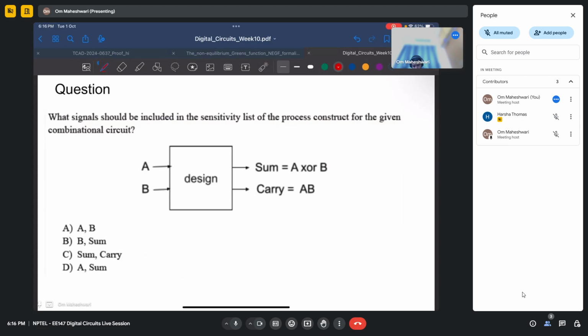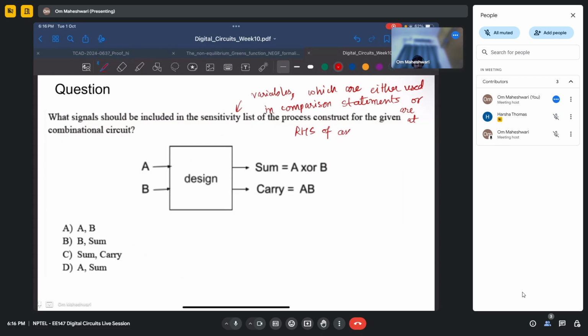A sensitivity list is a list of variables which are either used in comparison statements, or are on the right-hand side of assignment statements.